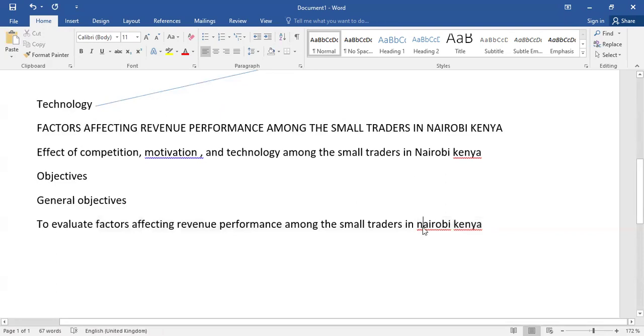You just copy this one. We are just taking the topic the way it was. We have just added evaluate, but everything remains the same. Now this becomes the general objective. We are just writing the topic the way it was.